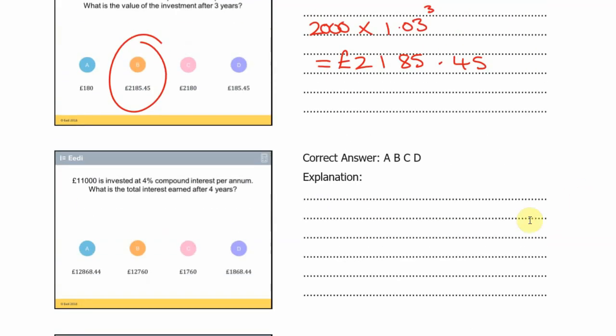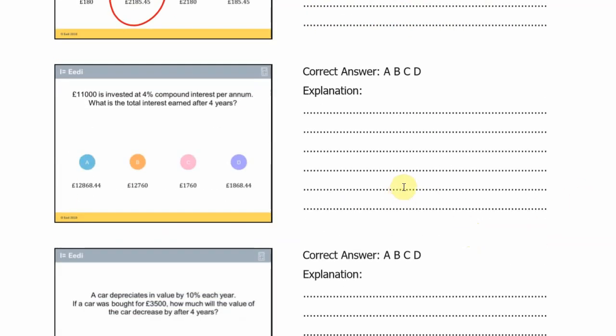Question 2 was one of them where we got an answer that could have been correct, but we didn't read it spot on. It says, what is the total interest earned? So a lot of you found the value afterwards.